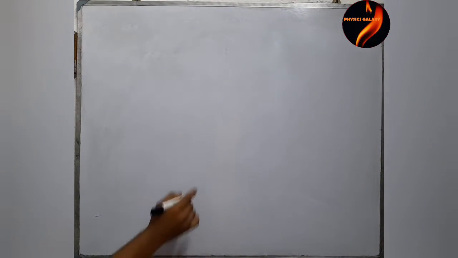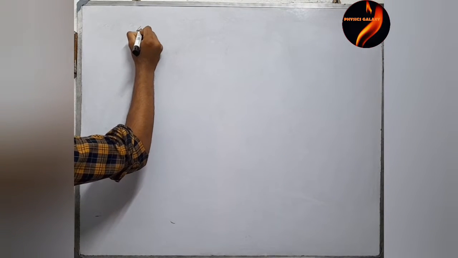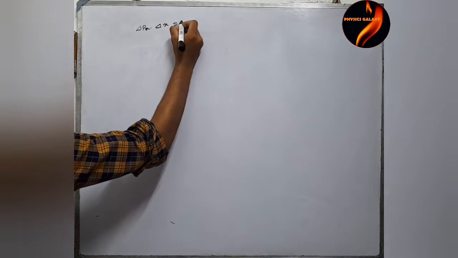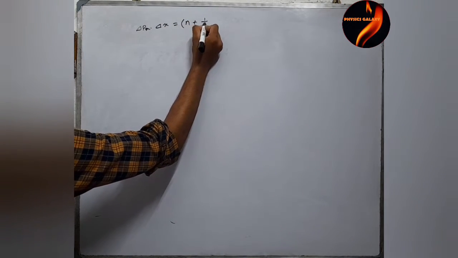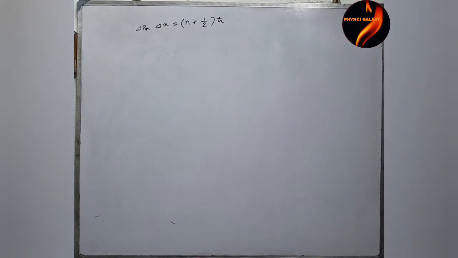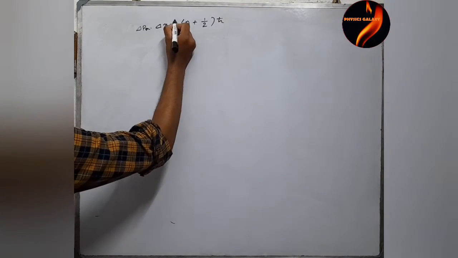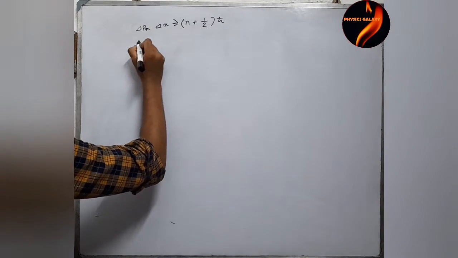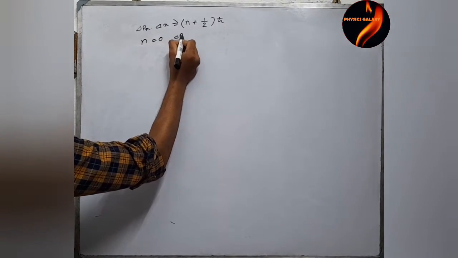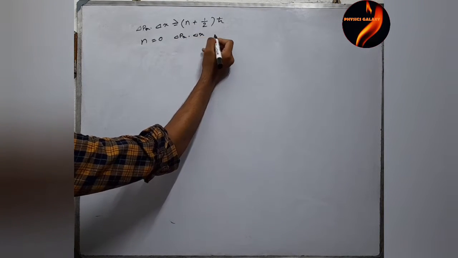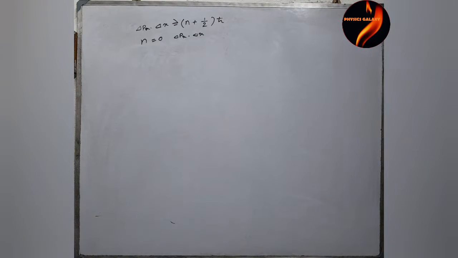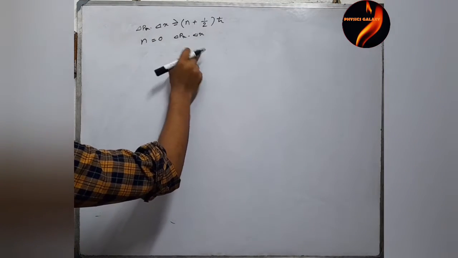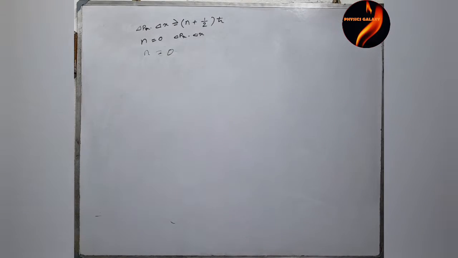We know that for the simple harmonic oscillator, delta px and delta x have the form (n plus half) h cut, where h cut is the reduced Planck constant, greater than or equal to, and we clearly see that for n equals 0, delta px and delta x have the minimum value. So delta px and delta x have minimum value for the ground state, meaning the n equals 0 state.